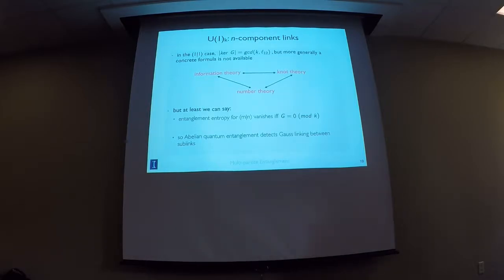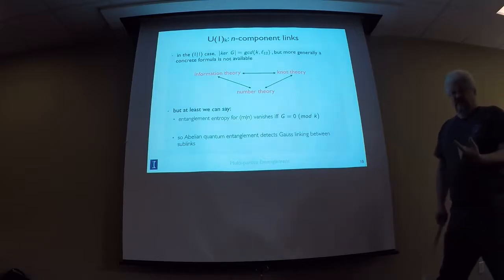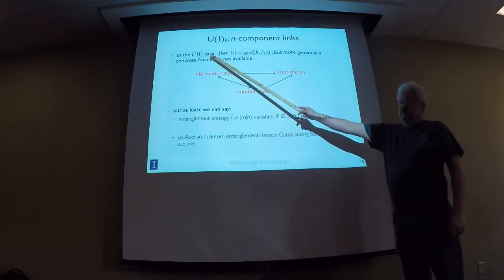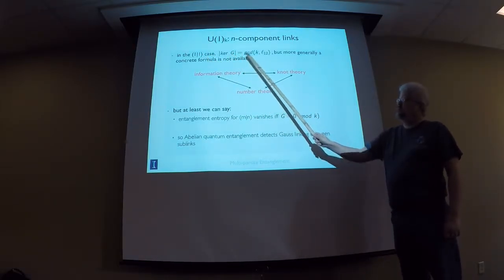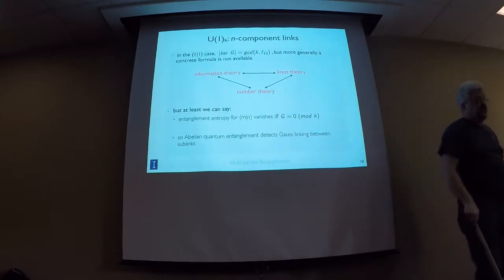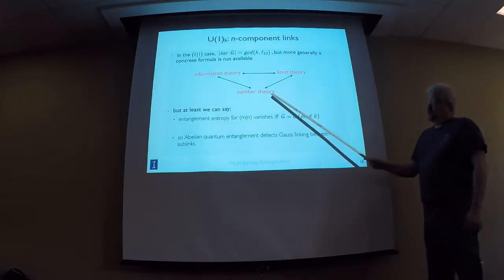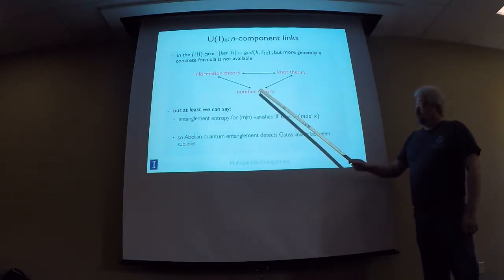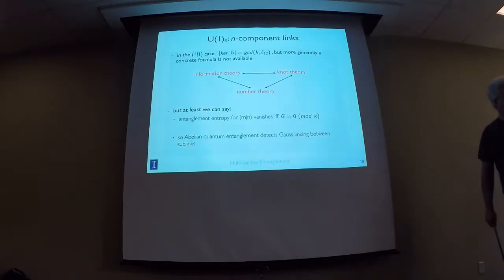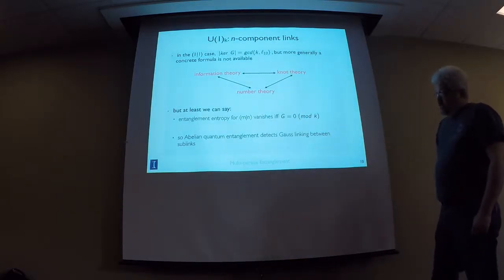We don't actually know how to solve these equations, except in the one case that I've already studied. In the two-component case, the calculation shows that this is just the greatest common divisor. In general, at least to people interested in these things, this is an interesting number theory problem, and there's some interesting interplay between all of these subjects.